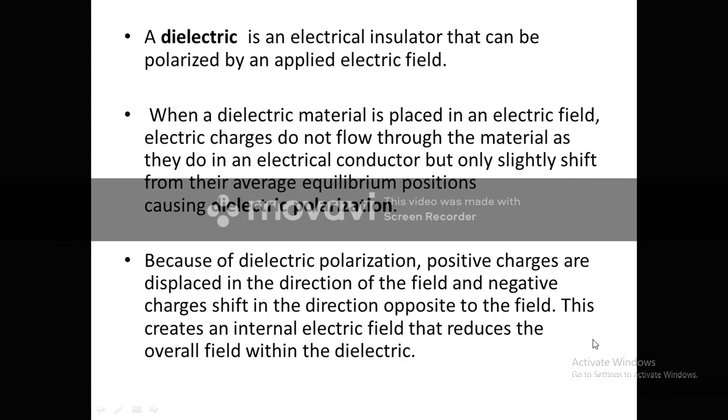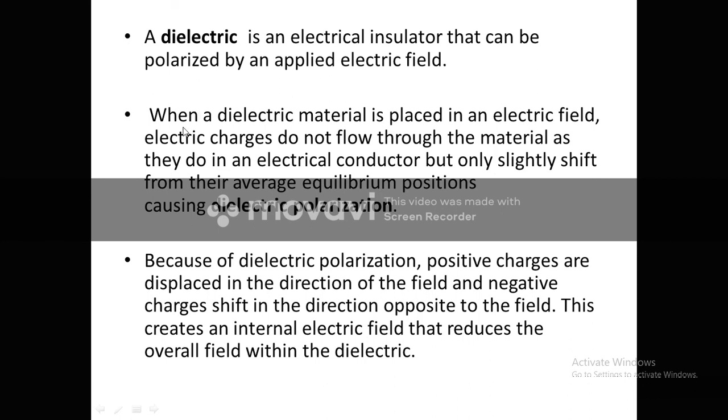The dielectric. Okay, the dielectric is an electrical insulator that can be polarized by an applied electric field. And that is why it is named as dielectric. Di means two, electric means charges. So when this material is placed in the electric field, it gets polarized, so it is called dielectric.